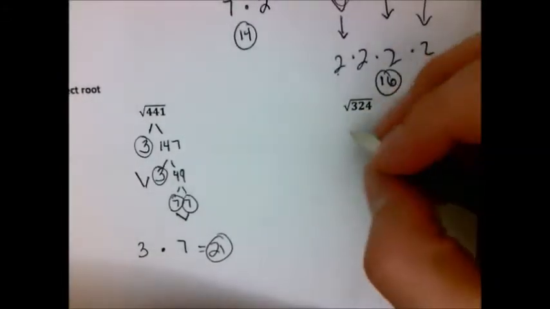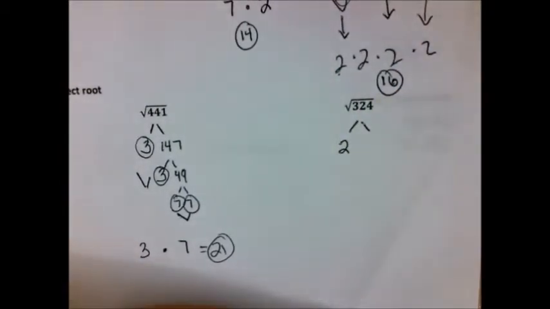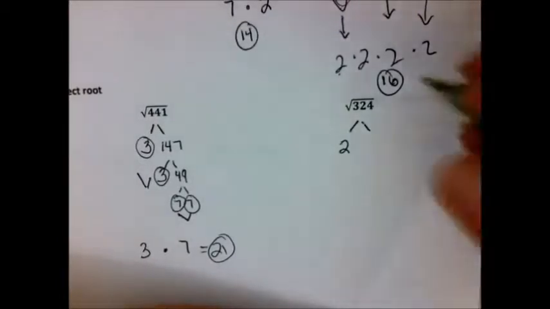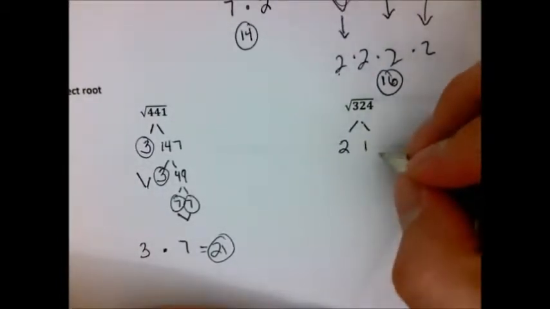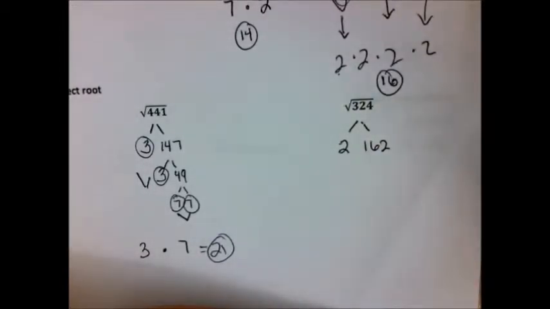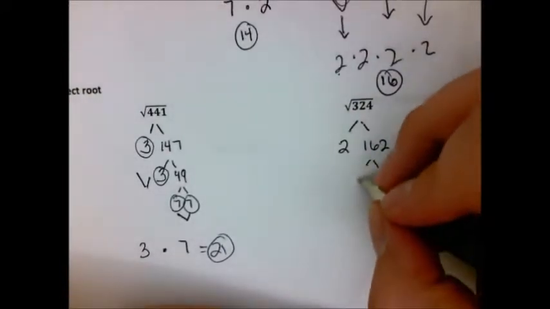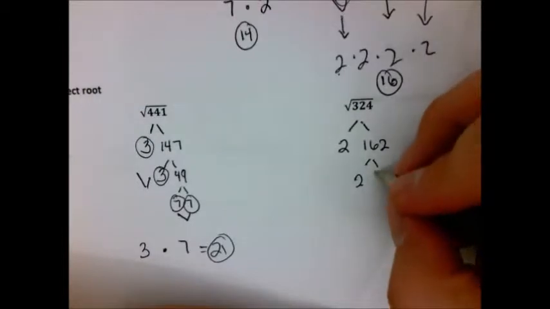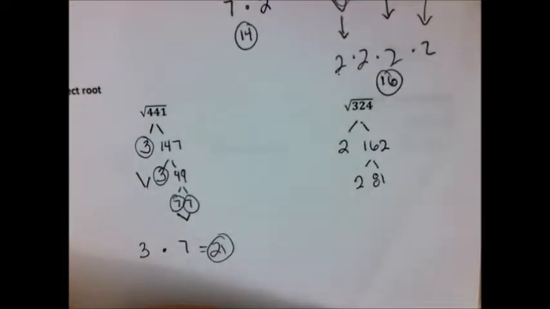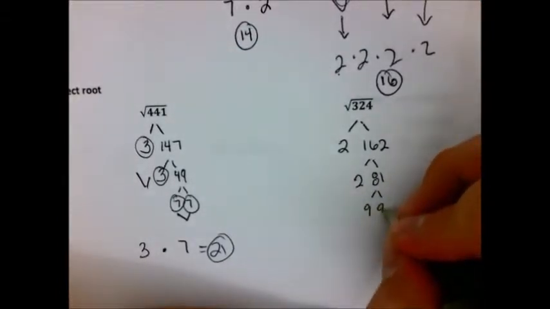Alright, let's try this next one. 324. So once again, I'm just going to start. We don't really know. I'm just going to use 2. Alright. So if I divide this by 2, I should get 162. Alright, well 162, it's got a 2 in it, so let's try 2 again. This breaks down into 81. Alright, well let's break down this 81. It comes to 9 and 9.